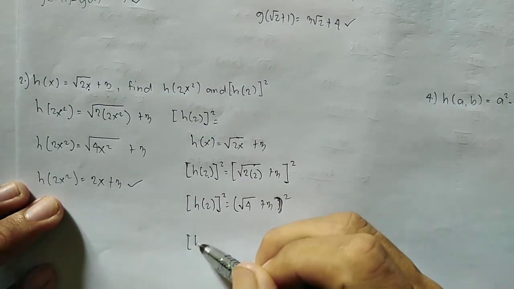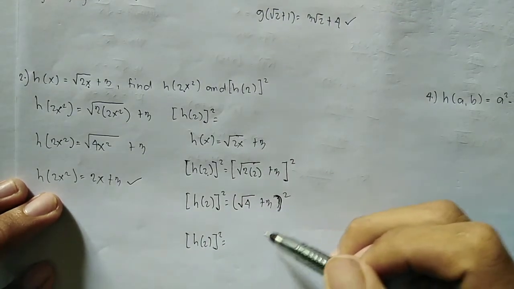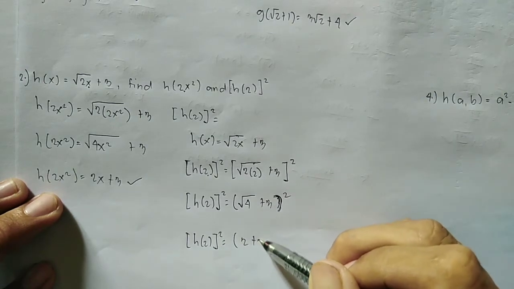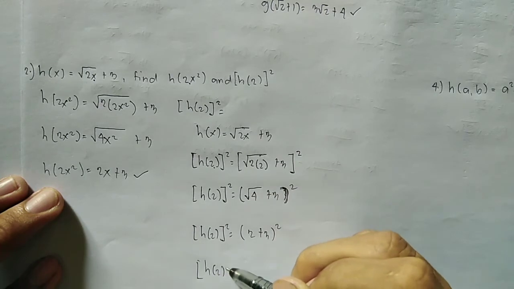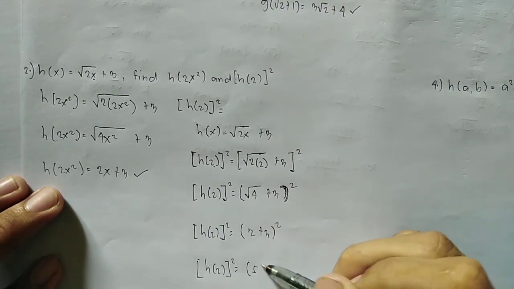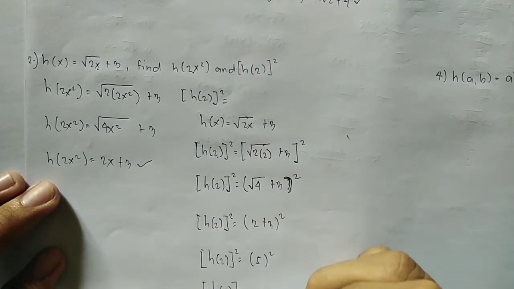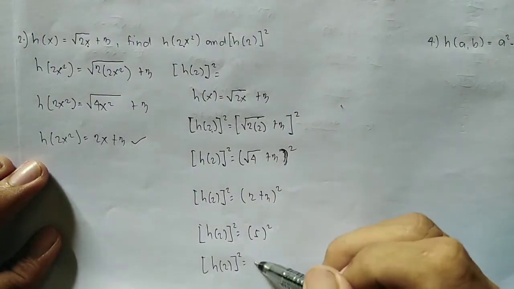So let us continue. h of 2, squared, is equal to the square root of 4, that is 2, then plus 3, then squared. Then we have 2 plus 3, that is 5, then squared. So the final answer might be 5 squared, that is 25.